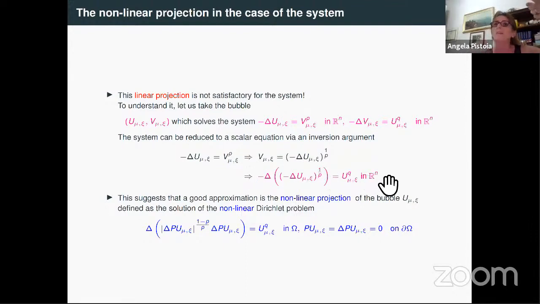So what I have to do now is to project the bubble in order to have a Dirichlet boundary condition, because I want a solution which is 0 on the boundary. So what I have to solve is this problem, and this problem is not linear. So if I want to find a good expansion of this projection, I have to work a lot.